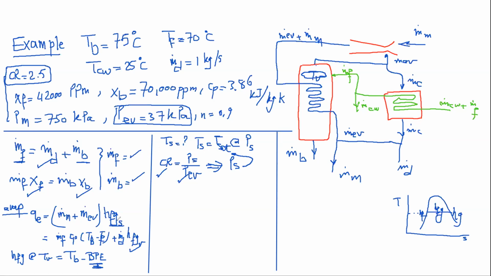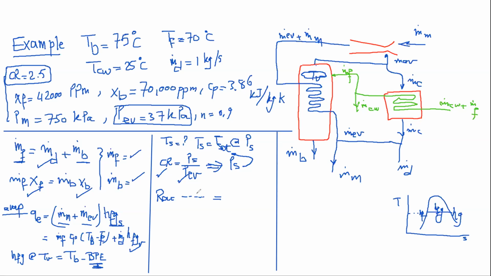So now I have all this information here, except that these two quantities I don't know: m dot, how much is the motive steam flow rate and how much is the entrained vapor flow rate. And this is where I'm going to refer back to the equation of RA. It's given here as a correlation.